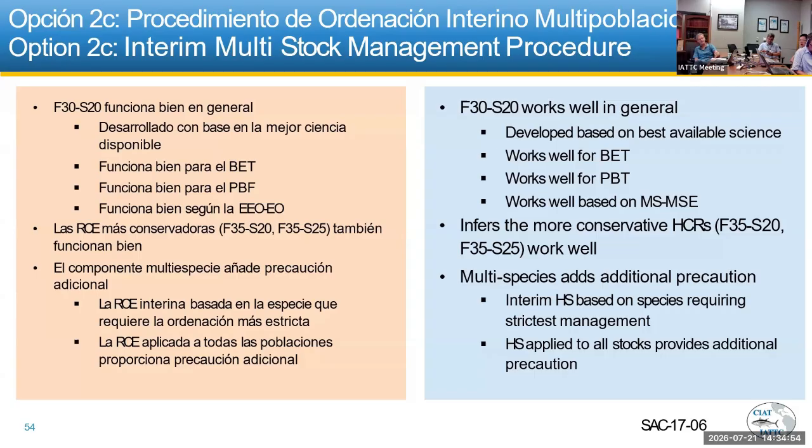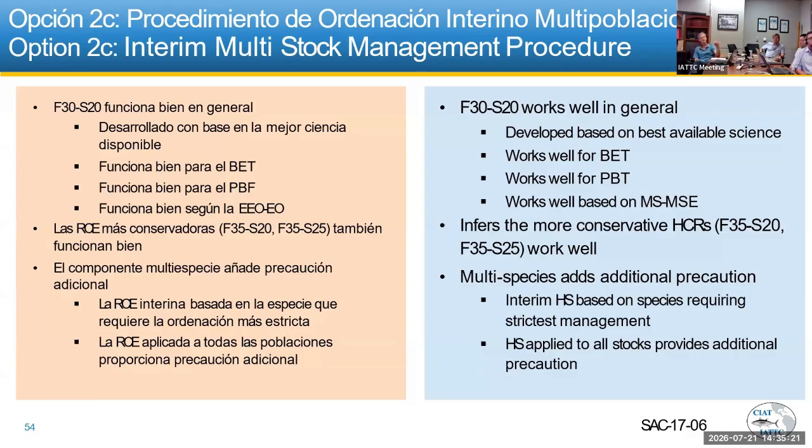We proposed that last year, not based on MSE, but based on what we thought was the best scientific information available to choose a harvest control rule. If you read the document that we did there, you can get an idea of why we chose that. Conceptually, it's a good harvest control rule. We tested it. It works well for bigeye tuna.